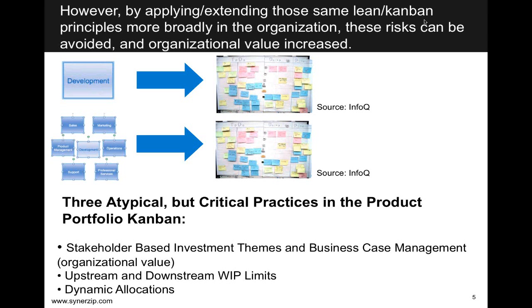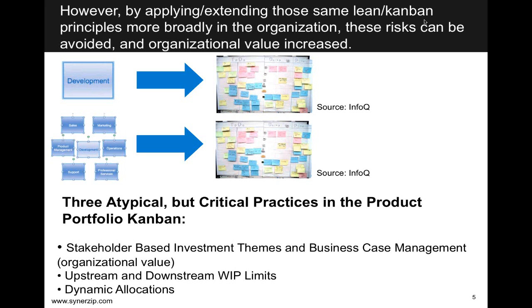And while there's a wide variety of approaches that folks have taken to the broader application of lean principles to the organization, I'm going to focus in on 3 very practical, tangible practices that you can take back and start to think about or implement inside of your organization today.